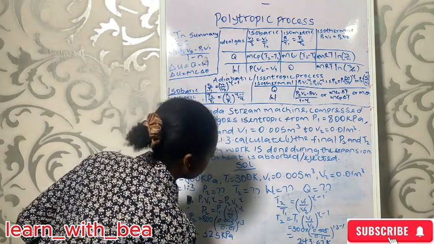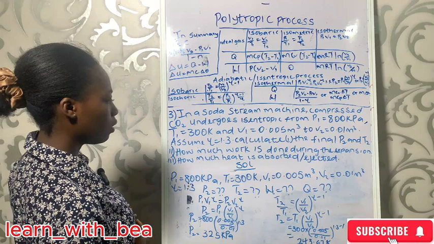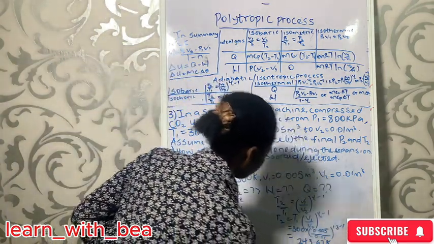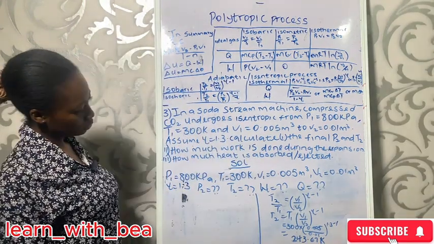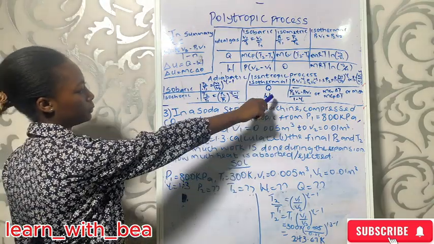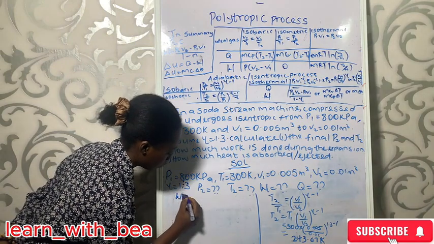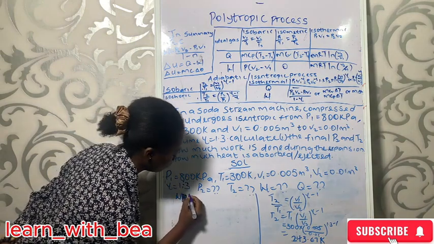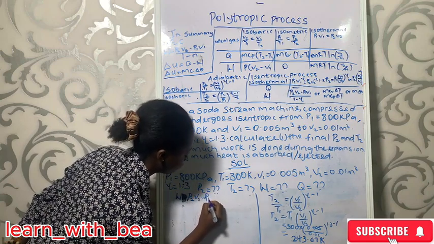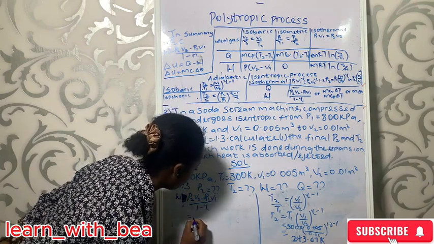So what else are we asked to look for? We are asked to look for the work done during the expansion. The formula we are going to use is this, which says W equals P2 V2 minus P1 V1, divided by 1 minus gamma. So what's our P2?